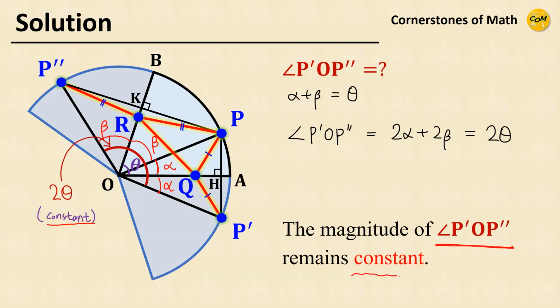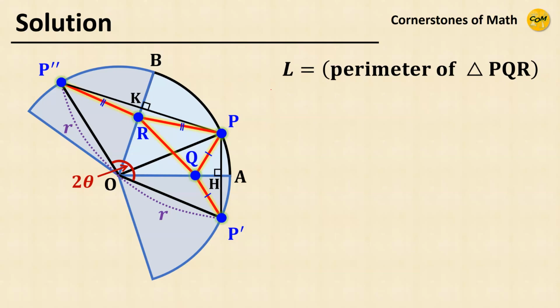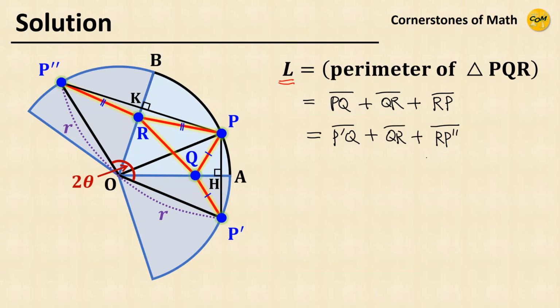P'OP'' remains constant. Now with this additional knowledge, let us finally consider the perimeter of triangle PQR, which we will denote as L. It is given as length PQ plus length QR plus length RP. Here I have shown that length PQ is equal to length P'Q and length RP is equal to length RP''. So we have P'Q plus QR plus RP'', which is this length plus this length plus this length.